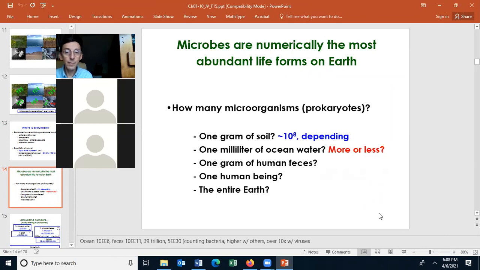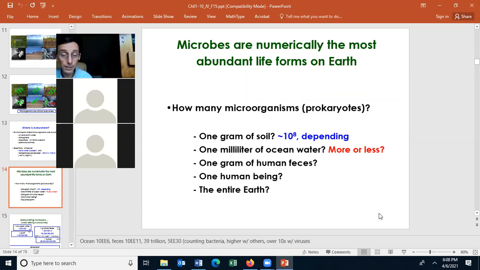Microbes are numerically the most abundant life forms on the planet. How many microorganisms are there? We're talking about prokaryotes. We're not talking about viruses, because if we included viruses, you'd probably find 10 times the number that I'm going to give you.